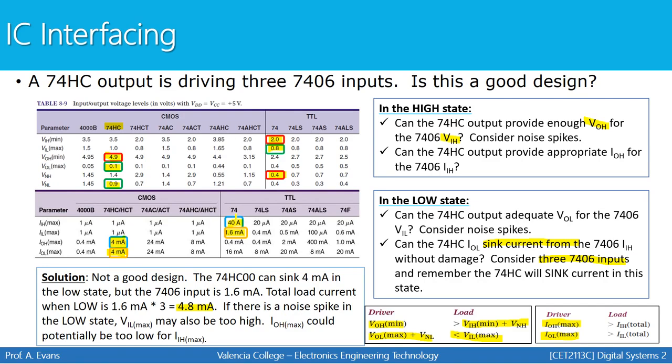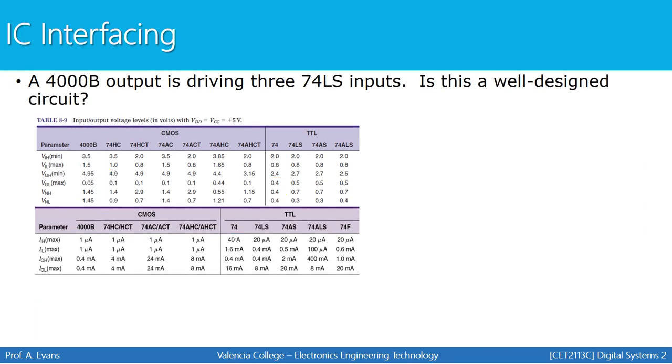So there were 3 issues that we discovered by asking ourselves these 4 questions. Basically it failed 3 out of the 4 questions on this test. And this is how we want to think about interfacing. Because we could not say that this particular orientation is both voltage and current compatible in the low state and the high state, an interface circuit would be needed.